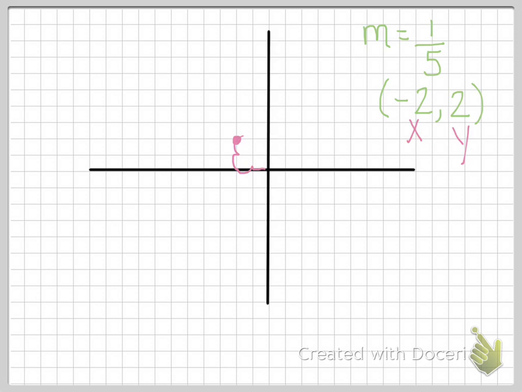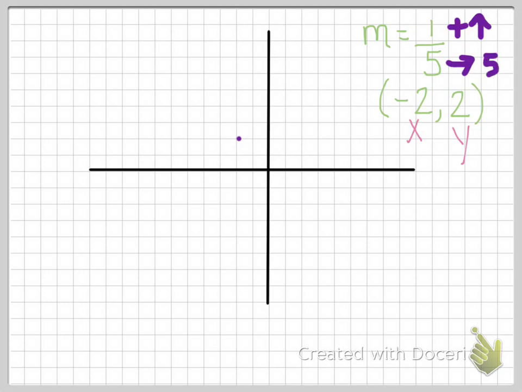And then we are going to make sure, let me erase those lines there, we are going to make sure that we extend our slope based on what they gave us. So this is a positive 1/5, so we're going to go up 1, and then we're going to go to the right 5.